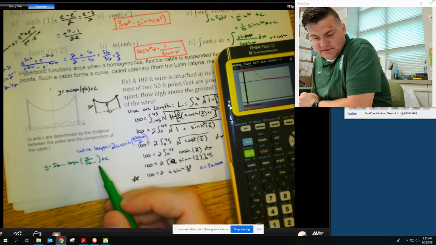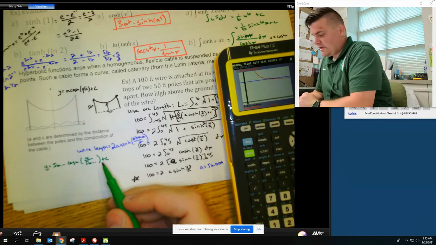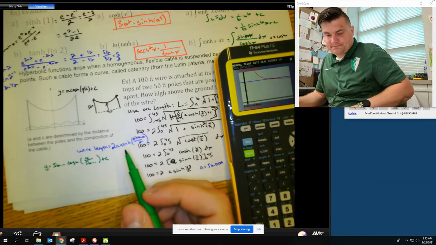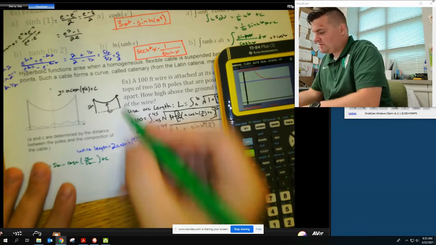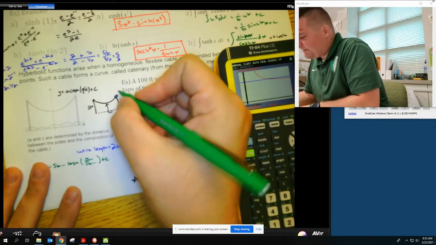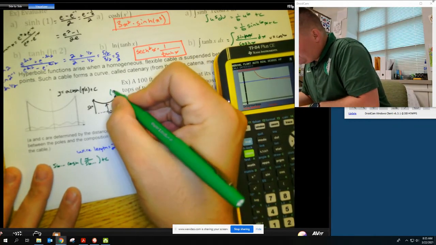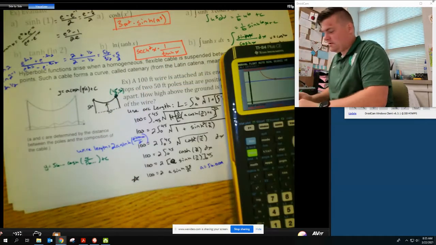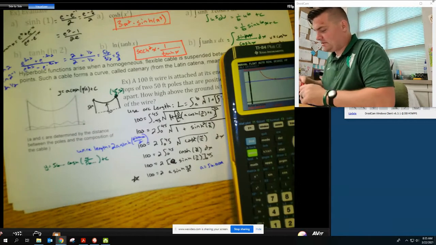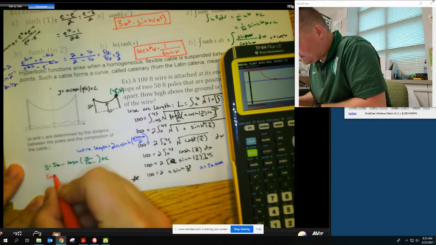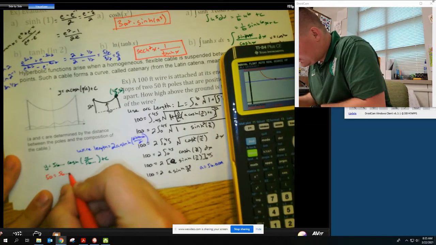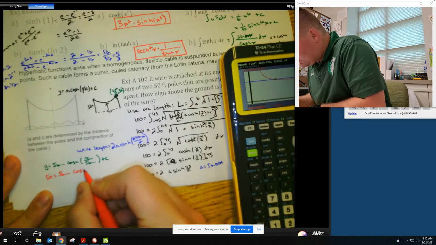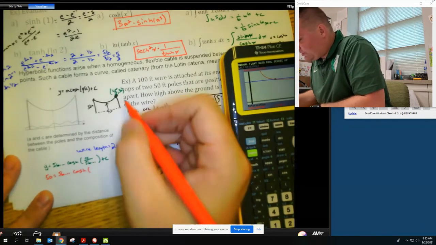So to solve for this c value, I'm going to plug in this point right up here. That part of the pole is over 45 and up 50. So because of that, I can plug this in. So y is 50. And the x value I'm moving over is 45.